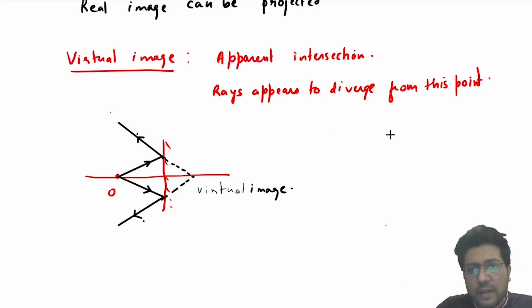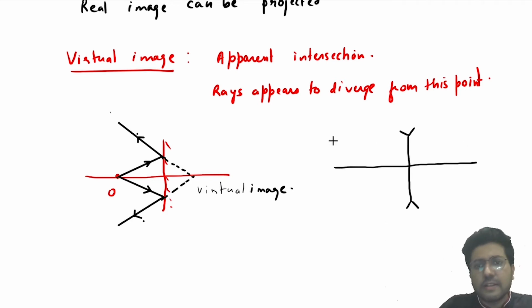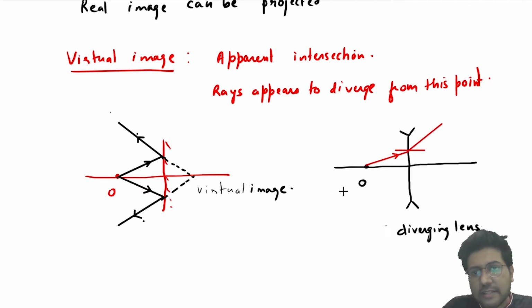Okay, I'll show you one example of refraction also. So suppose you have a lens. Okay, suppose you have a diverging lens. So the diverging lens symbol is like this. Okay, we'll discuss the symbols later on also. So this is a diverging lens, and suppose this is the object, and the light rays after refraction will diverge, right?